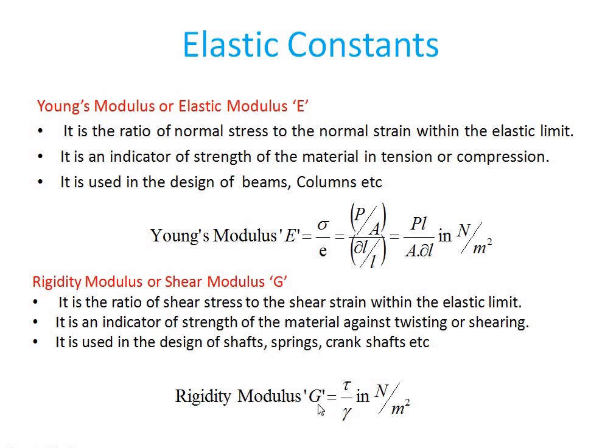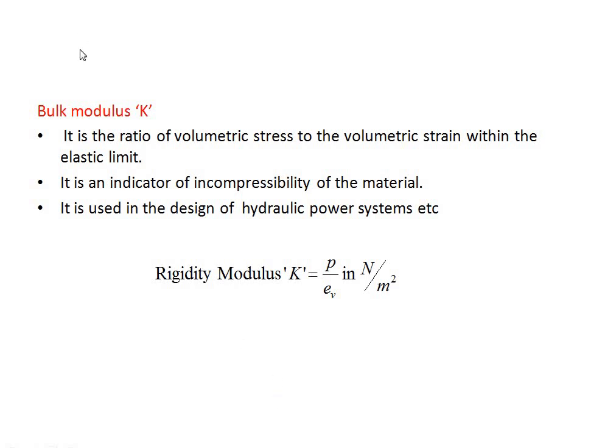So rigidity modulus is represented by the letter G, which is equal to tau by gamma, where tau is shear stress and gamma is shear strain. Now bulk modulus K is the ratio of volumetric stress to the volumetric strain within the elastic limit. Volumetric stress is the stress acting over the entire volume, equal in all directions, which tries to increase or decrease the volume.